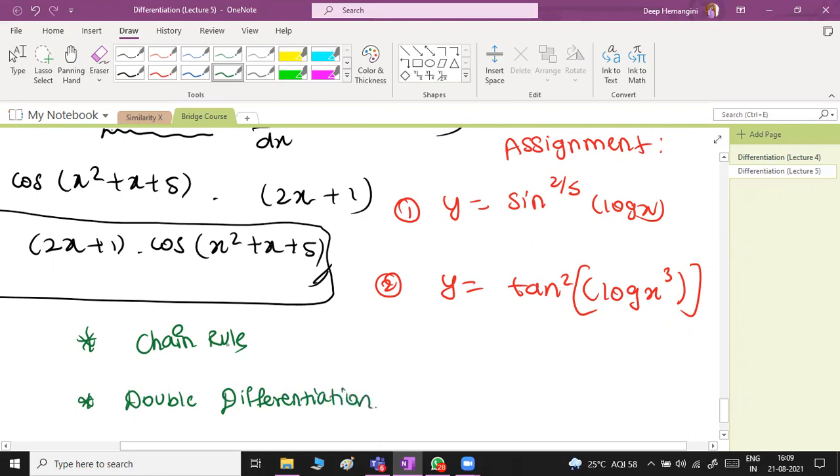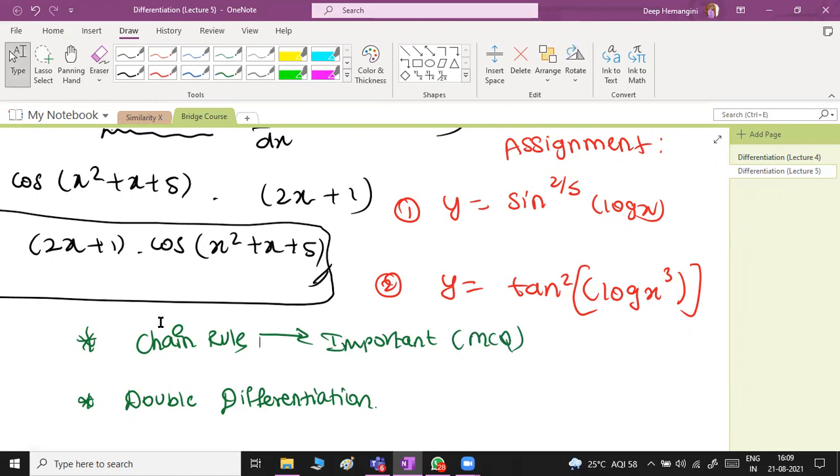Okay, so these two topics are remaining, out of which this topic is very, very important for your MCQ questions or entrance exam basis. The majority of the questions are targeted from this topic only.